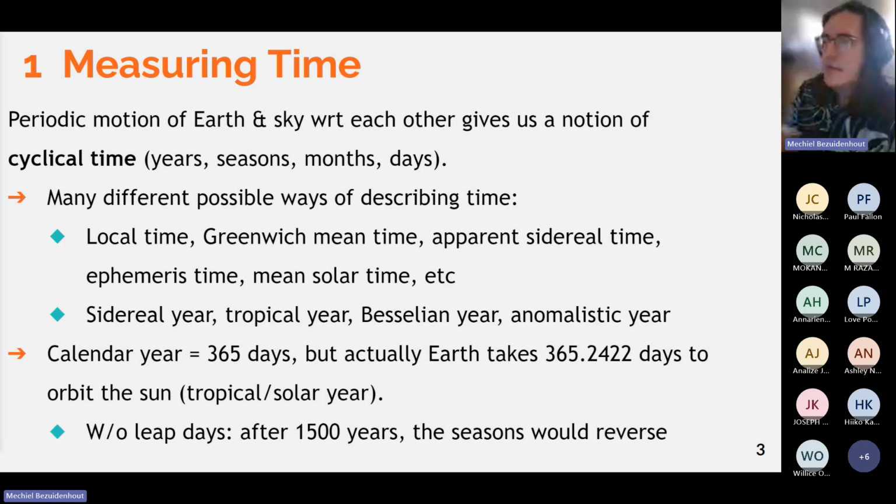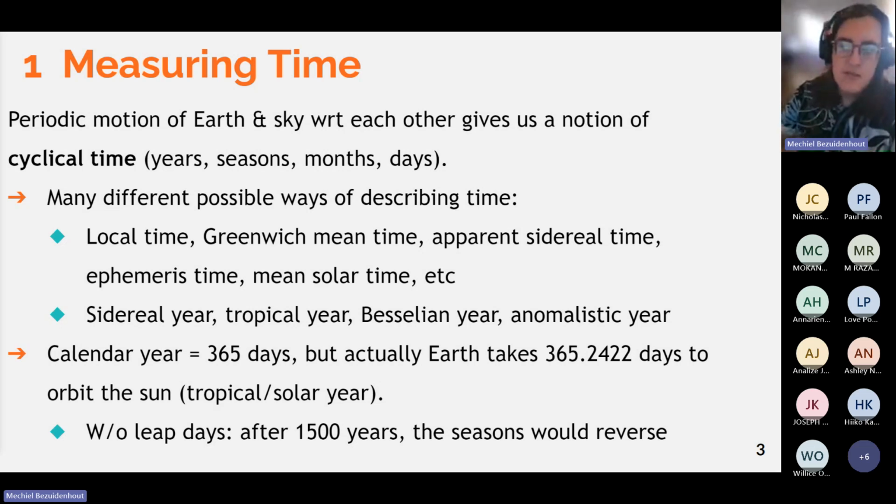So we have these cyclical notions of time, but there are many different possible ways of describing that time. We can be talking about a local time, what is the time exactly at my position, or we could be talking about some reference time, like Greenwich Mean Time, or a sidereal time, which I'll talk about later, or ephemeris time, mean solar time.